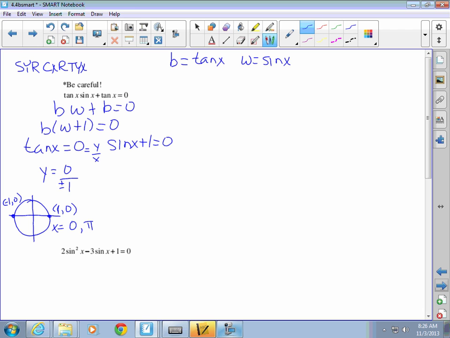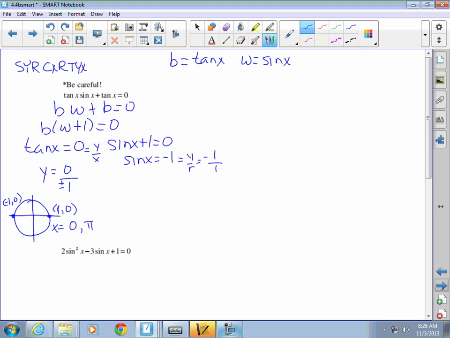So now we're going to do it for the sine x plus 1. So this means that sine of x is equal to negative 1, which is the same as my ratio of y over r. So I have negative 1 over 1. And I know for this, my negative is in the top because my r, my hypotenuse, can never be negative.